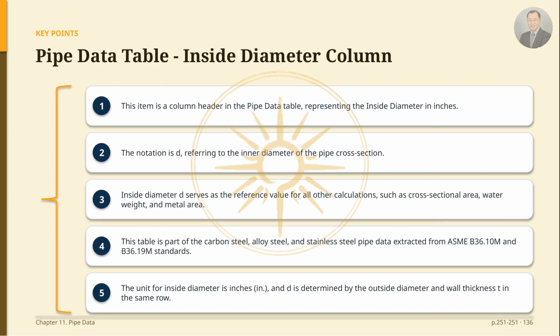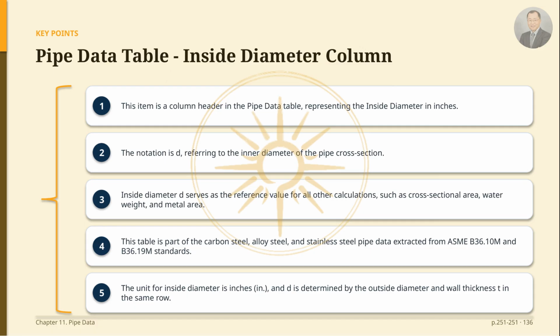Now, let's look at the inside diameter item in the piping data table. This column represents the inner diameter of the pipe, or the inside diameter, measured in inches. In the table, it is denoted by the lowercase letter d, which refers to the inner diameter of the pipe cross-section. The d value is not just a simple dimension. It is very important because other calculated values in the table, such as the cross-sectional area, water weight per unit length, and area of metal, are all derived based on this inside diameter.